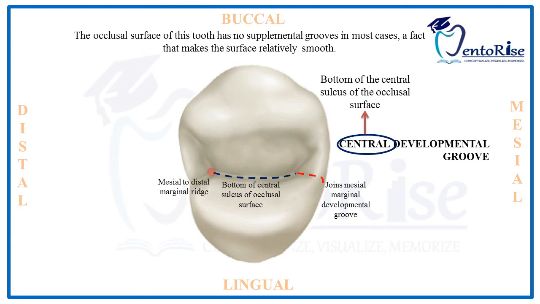We discussed this mesial marginal developmental groove in our video on the mesial and distal aspect of this tooth. The link is given in the description box below. Therefore, the central developmental groove joins the mesial marginal developmental groove marked in the figure in red, crosses the mesial marginal ridge and then ends on the mesial surface of the crown. Please observe the figure very carefully.